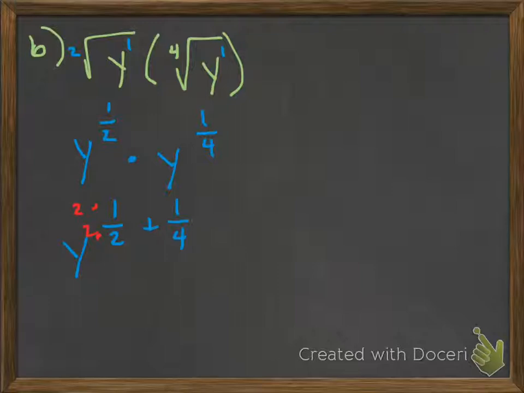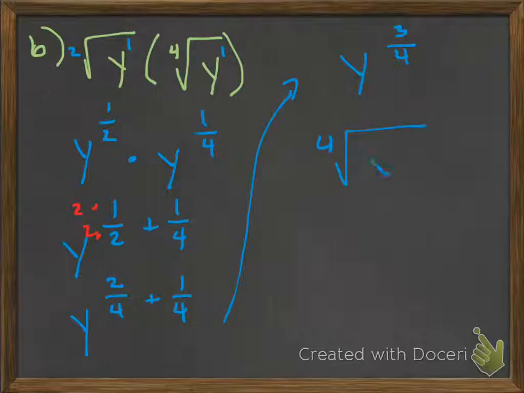So that's going to change that fraction to become y to the 2/4 plus 1/4. Now I have common denominators, so this is y to the 3/4. And I always want you to put your answers back in radical form, so this means it's the 4th root of y cubed. So that was letter B.